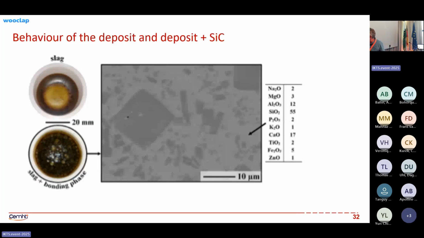In reaction with the bonding phase, we observe bubbles. Remember what we observed on the tile with the craters corresponding to the pumice formation.